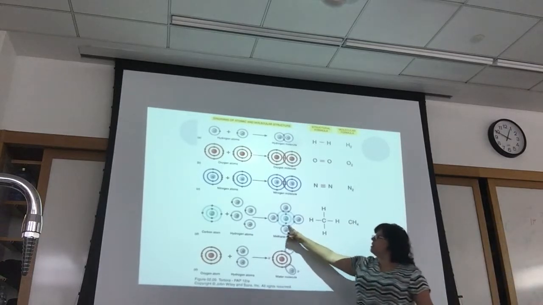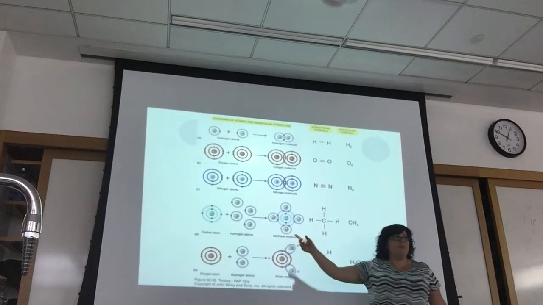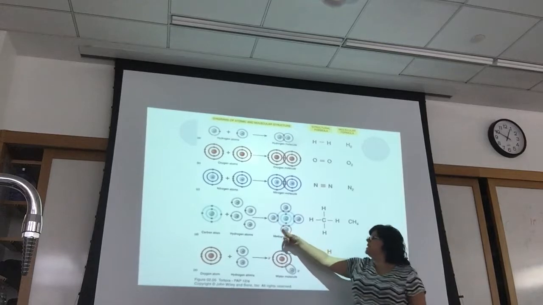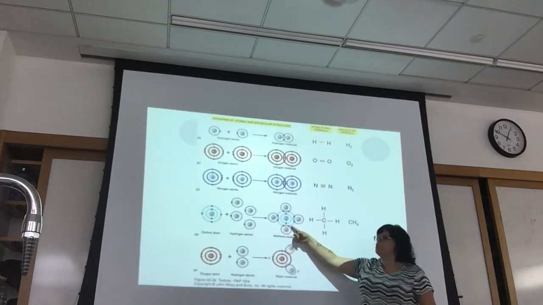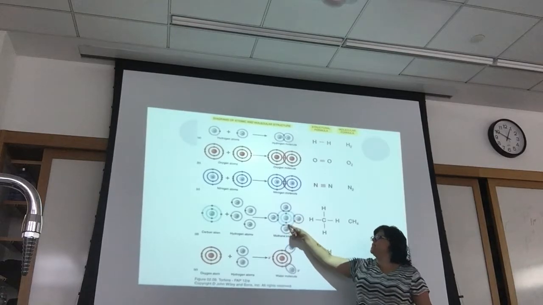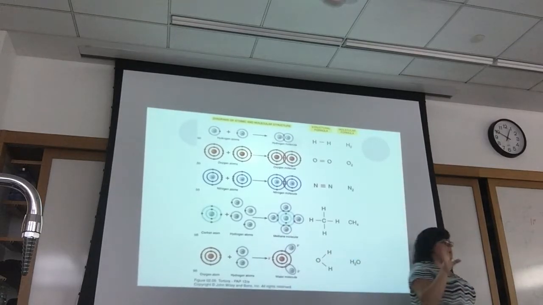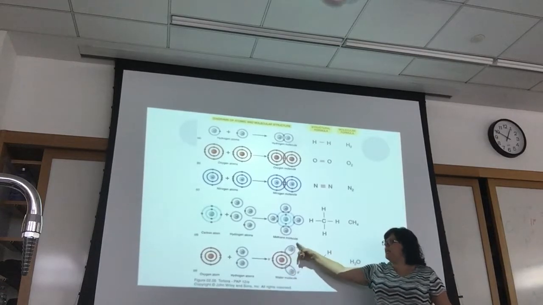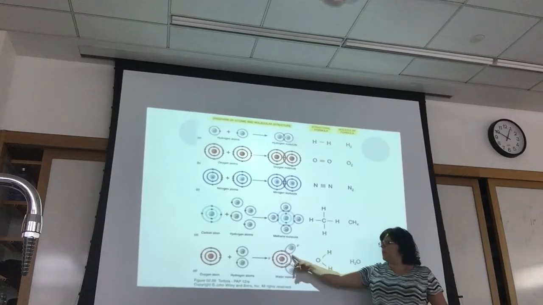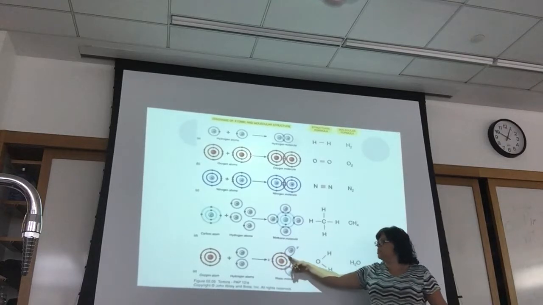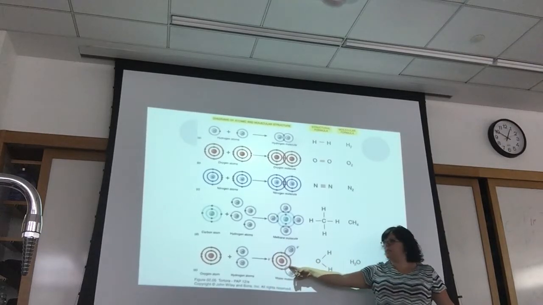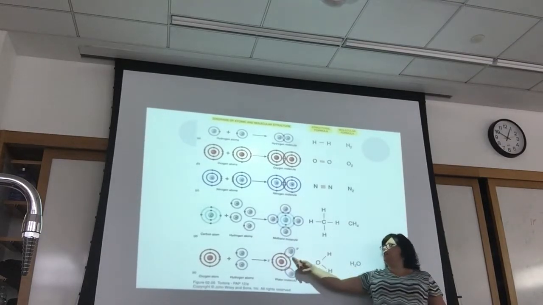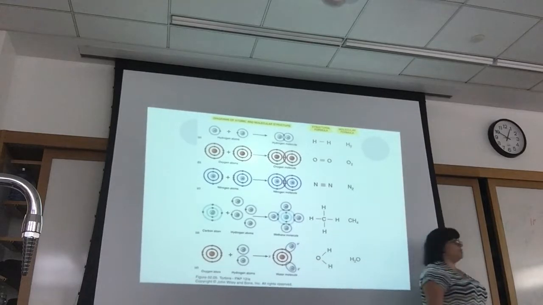And when we shared them in a nonpolar covalent bond, it's nice and even, the distance between the hydrogen nucleus and the orbital, and the distance here. It's nice and even all the way around. But over here, it's elongated. So we're closer to oxygen with those electrons, and we've got to go way out here for that hydrogen.